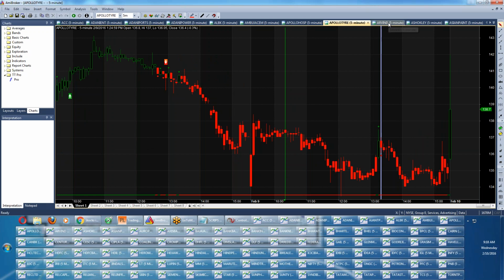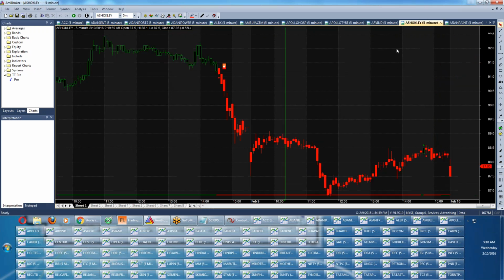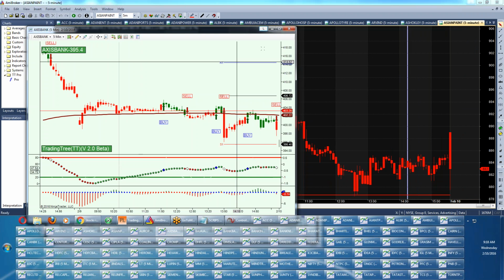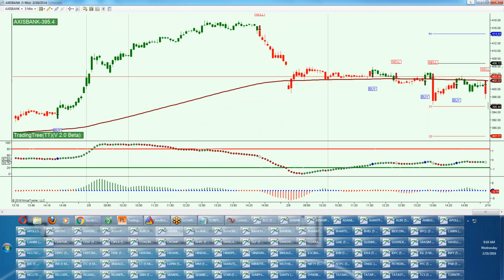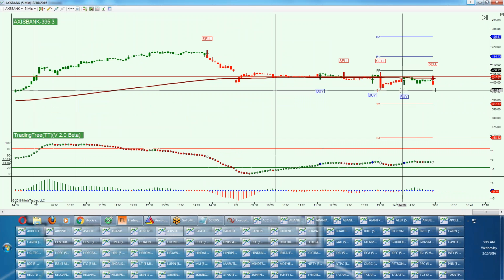Apollo Tyre is on news. Asian Paints, Ashok Leyland. Axis, we have a sell call here. We can short it below this S2 level, S1 level, sorry.